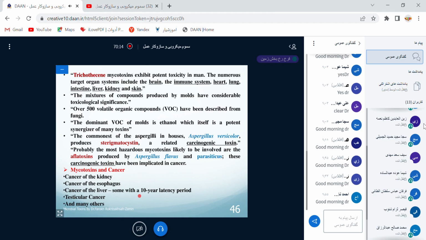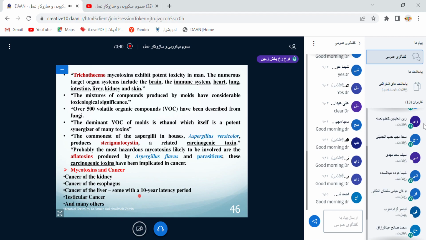So one person who has these toxins inside his or her body, with a mutagenic effect on the chromosome, after 10 years understands he has cancer.